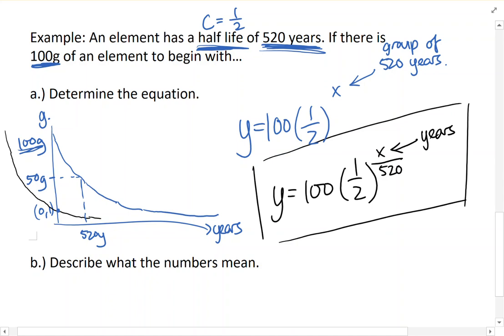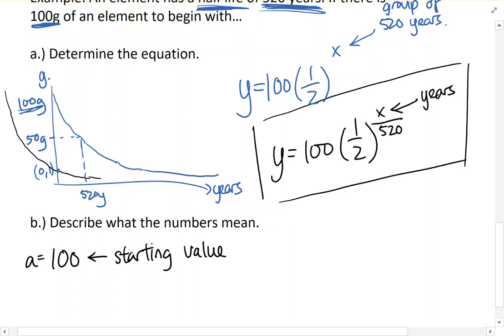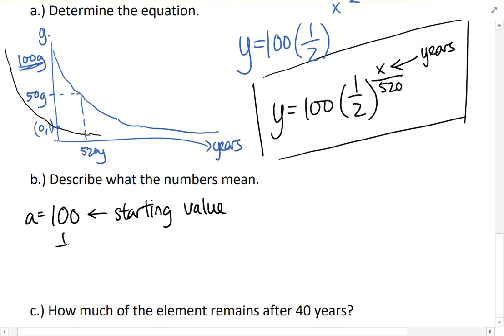So describe what the numbers mean. In this particular case, 100 is basically your a. This is the starting value, and you're going to notice a is the starting value in many cases for exponential functions. Next, we also have a half, and this is basically your base.